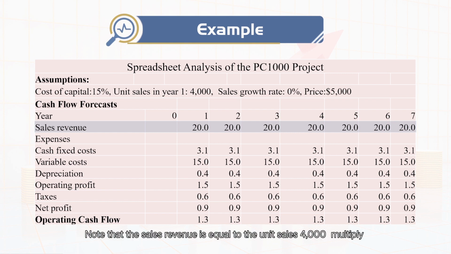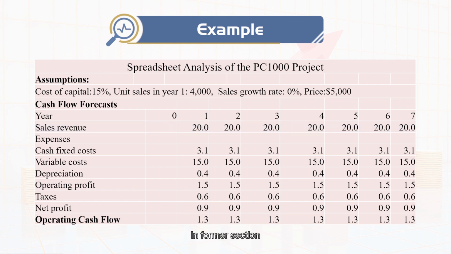Note that the sales revenue is equal to the unit sales 4,000 multiplied by the price of each unit, $5,000, and is $20 million. In a former section, we have studied that the cash flow is equal to the net income plus non-cash expenses.